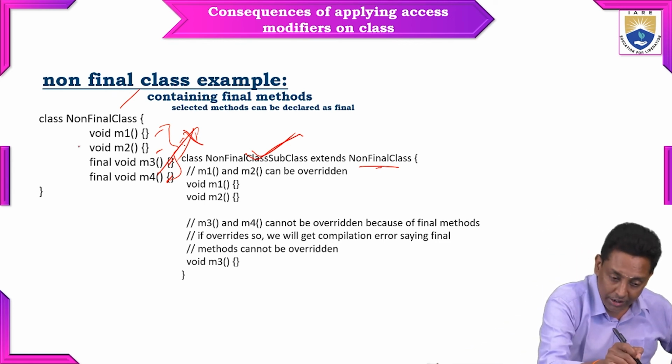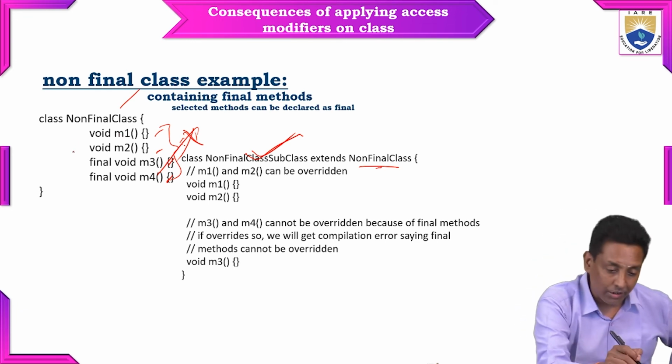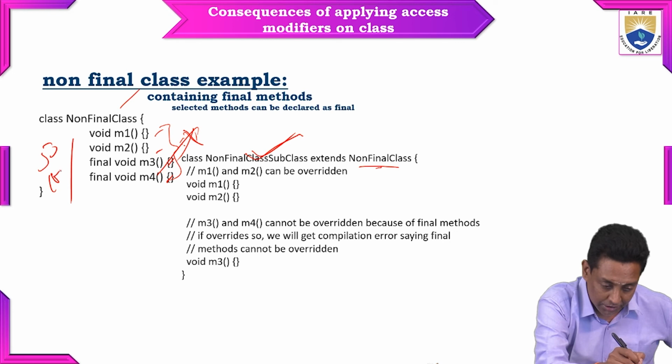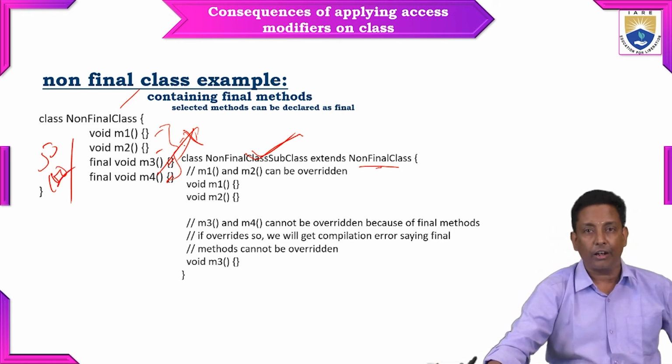Those methods cannot be overridden because they are final. But here in this class we have four methods declared as final. Suppose our class has 50 methods or 100 methods, like the component class I told you about before.